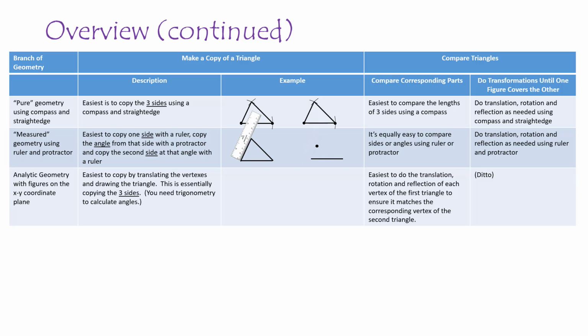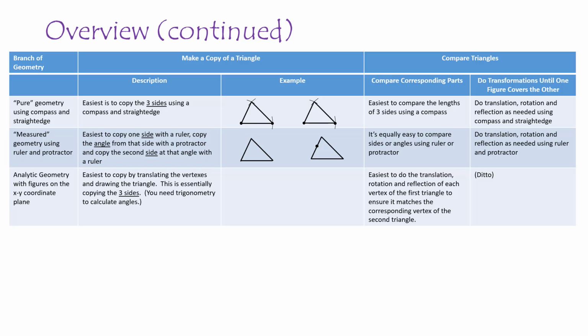And then you measure the second side, and you draw that second side through the dot at the right length, and then you draw the third side. In this case, we're using a side, and then an angle, and then a second side. And the angle is what's called included between the two sides. It's between the two sides. Now, are these two triangles congruent?